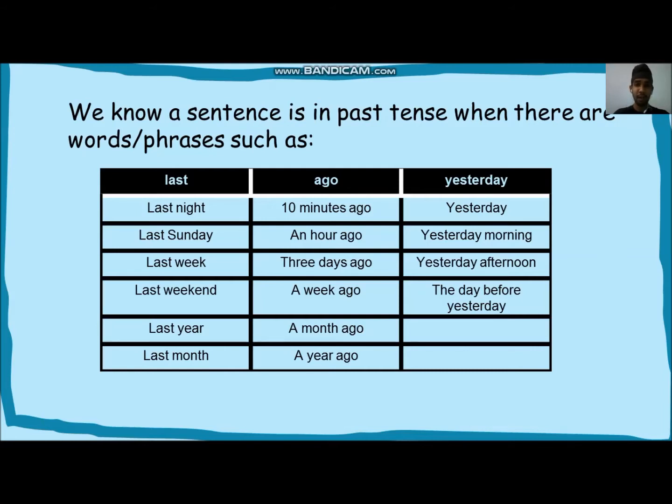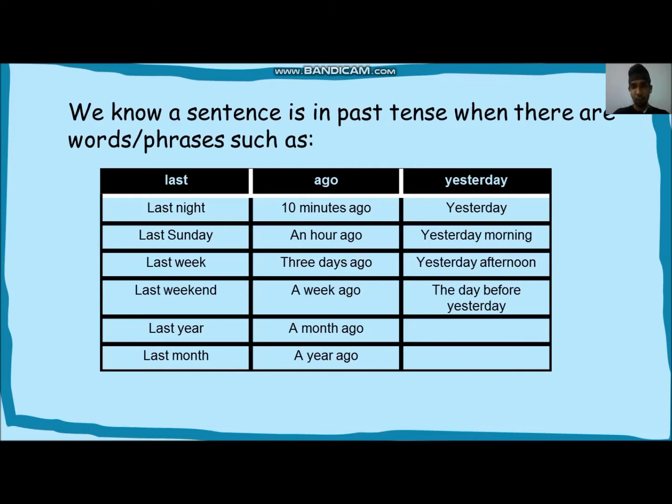For example, last night, last Sunday, last week, last weekend, last year, and last month to show that the action has happened. We can also use the word ago: 10 minutes ago, an hour ago, 3 days ago, a week ago, a month ago, or a year ago to show an action had happened in the past.